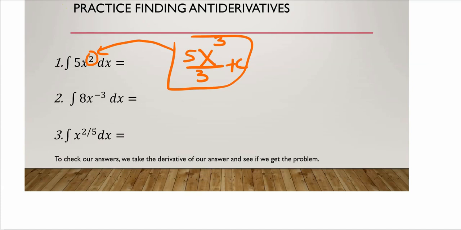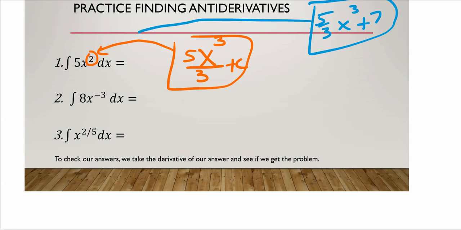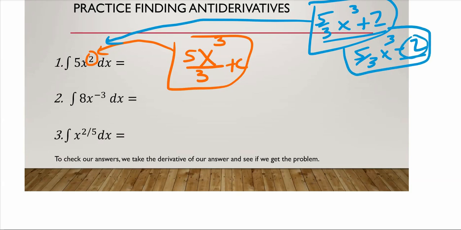Because there might be a constant in there somewhere who, when I take the derivative of this, is going to give me that. For example, let's say I have 5/3 x cubed plus 7. When I take the derivative of this, I'm supposed to get that, and the derivative of this is that, because the derivative of 7 is 0. Or I could have had 5/3 x cubed minus 2, and the derivative of this is going to be 0.